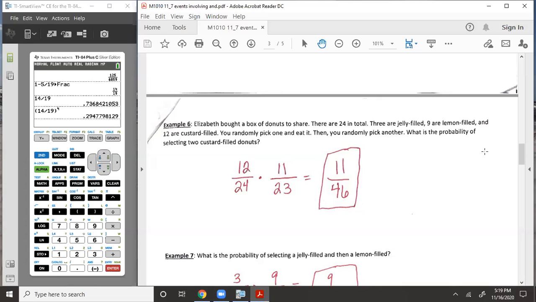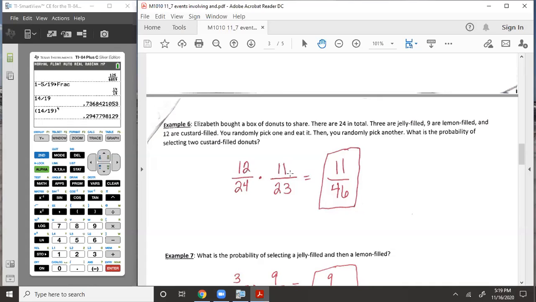The probability of getting the first donut as custard filled is, if you look up here in our options, you have 12 donuts that are custard filled out of a total of 24. So the first donut is 12 over 24. The next donut you pick, since we're also picking another custard filled donut, you've already picked one from a group of 12, so you are left with 11 custard filled donuts, and then you have one less donut from the total.